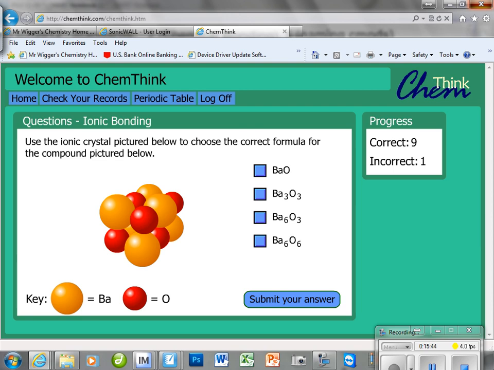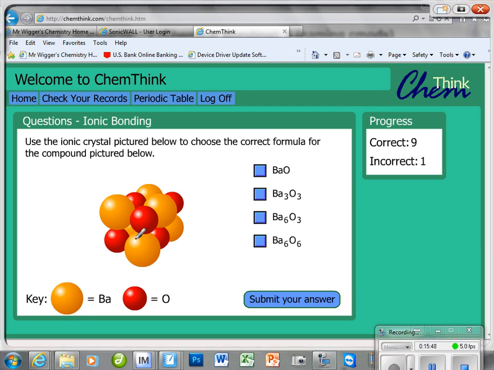If we have 6 and 6, can it be reduced? This 6 can be divided by 3, and this 6 can be divided by 3, which, oh, by 6? Yeah. So when we reduce it, we divide both of these 6's by 6, and that gives us barium and oxygen, and that's our basic formula.